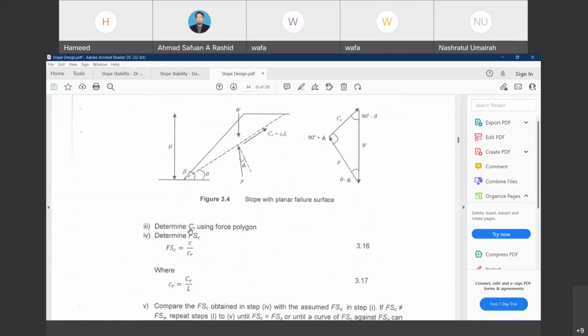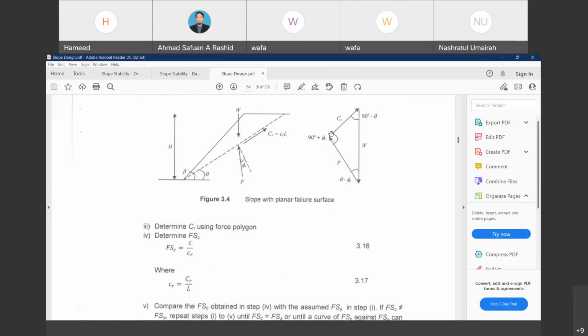The CR is actually the capital CR, not the small letter cr. Capital CR is equal to cr times L. From there we can get the FSC, where small letter cr is equal to capital CR over L. Then compare the result between FSC and FS phi.